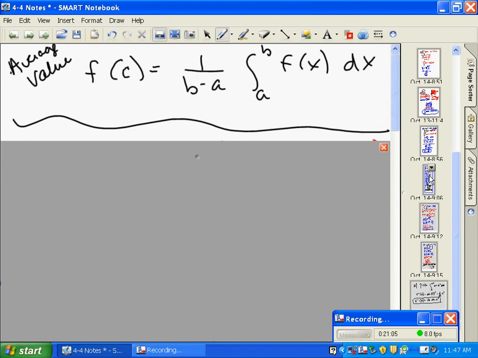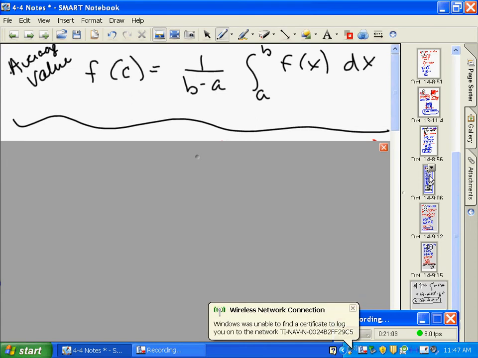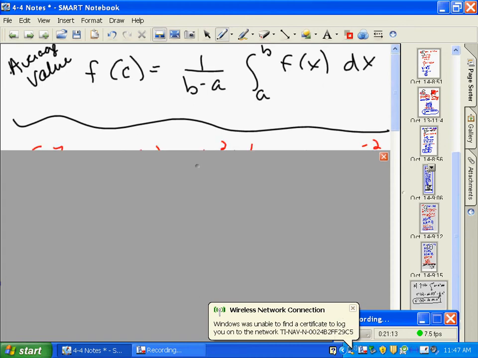Basically, if you take your mean value theorem for integrals and solve for f of c, that's what you'd have. I think that's written there on your notes as one of the bullet points. So f of c from the mean value theorem is called the average value of f from a to b. Okay.